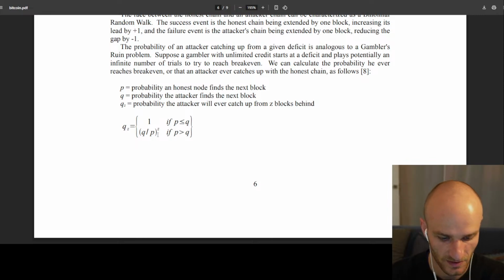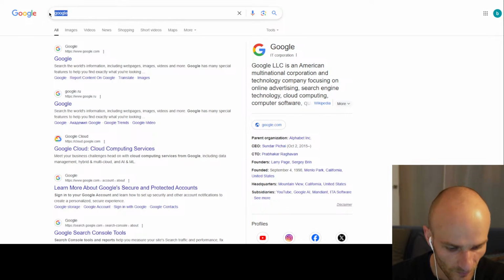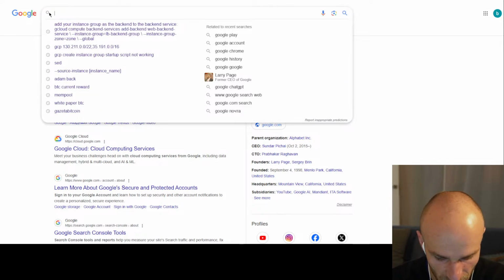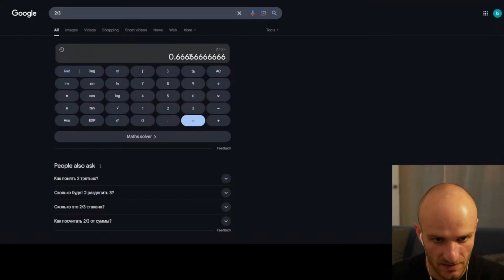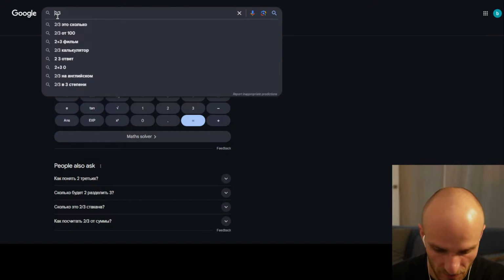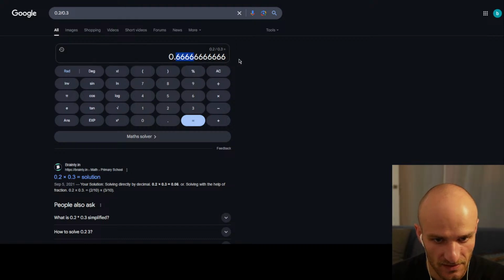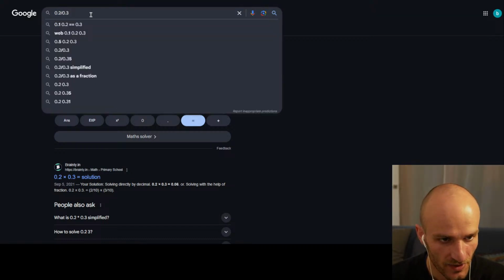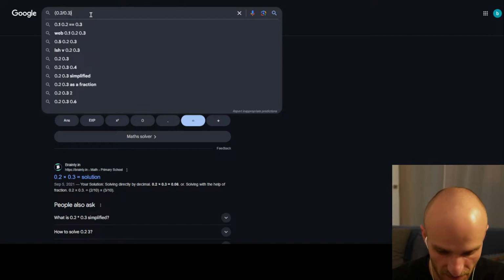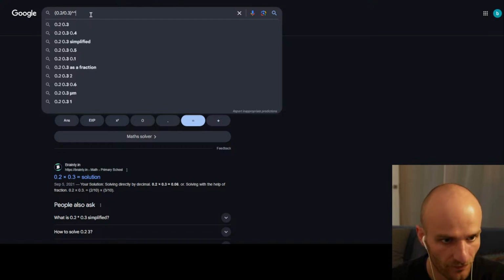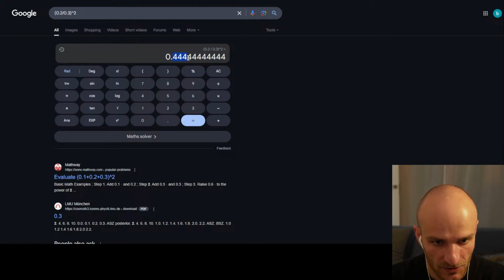You can have a look at, for example, let's go on Google and ask how much is 2 divided by 3. 2 divided by 3 is this number here. But if we put, for example, 0.2 divided by 0.3, it will be this number here. If we elevate this to, for example, 2, it's shortening the number.